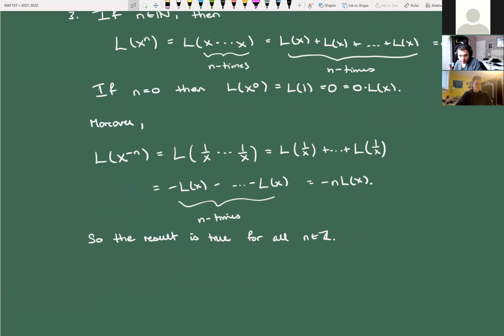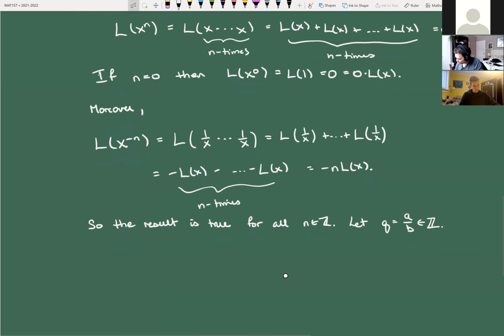I shouldn't have called the rational q because I want to use that as my denominator. I guess I'll have to name it something else. So let q be a rational number, a over b, with a and b in Z. Okay. All right, so what I'm going to do now is the following. We know L of x to the a is a L of x, right?